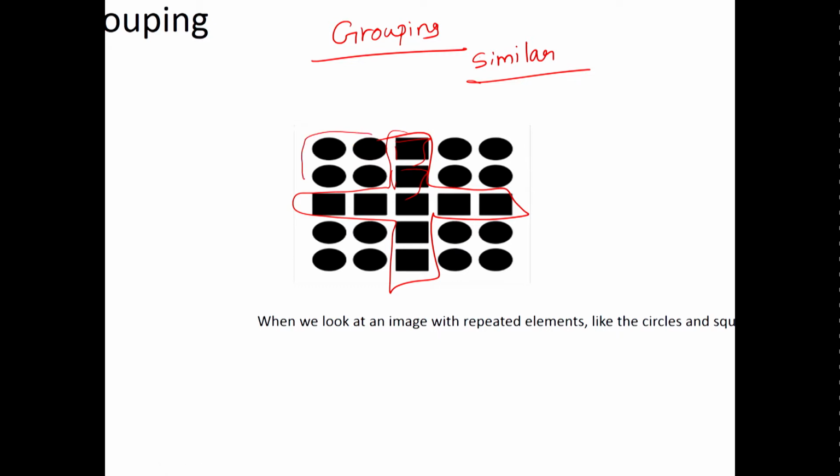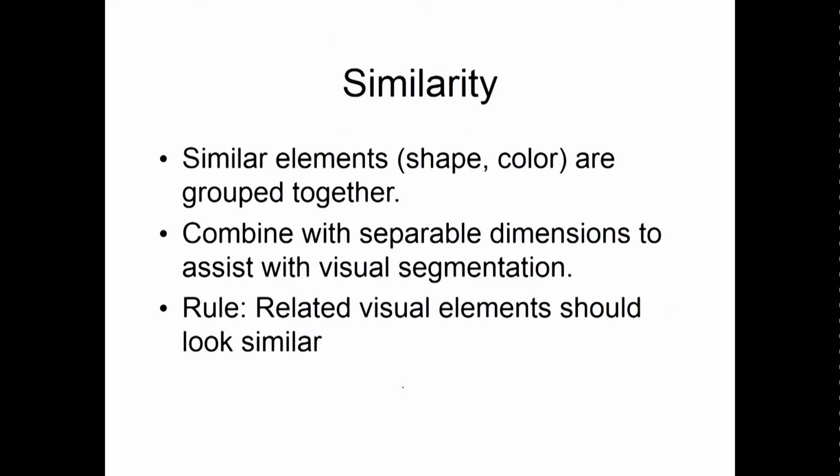All the circles are grouped together and form a square. We tend to group objects that are similar.